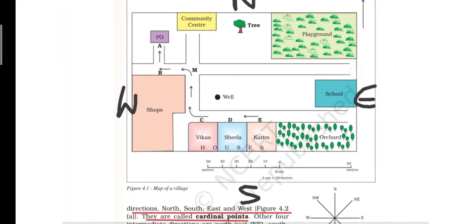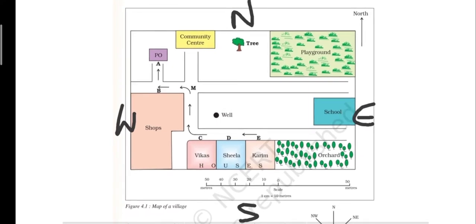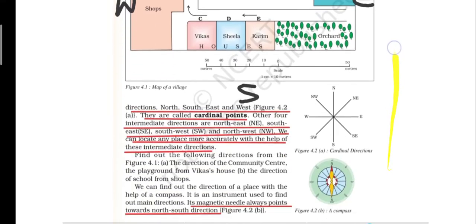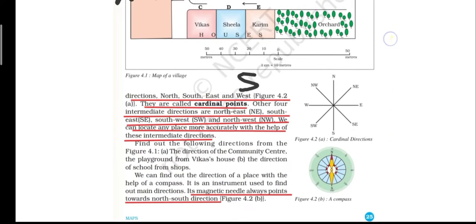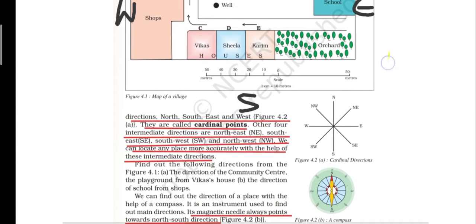So this figure. And for our convenience, I have already marked all the four directions: north, east, south and west. So firstly, children, we have to find out the direction of the community center and playground from Vikas's house.